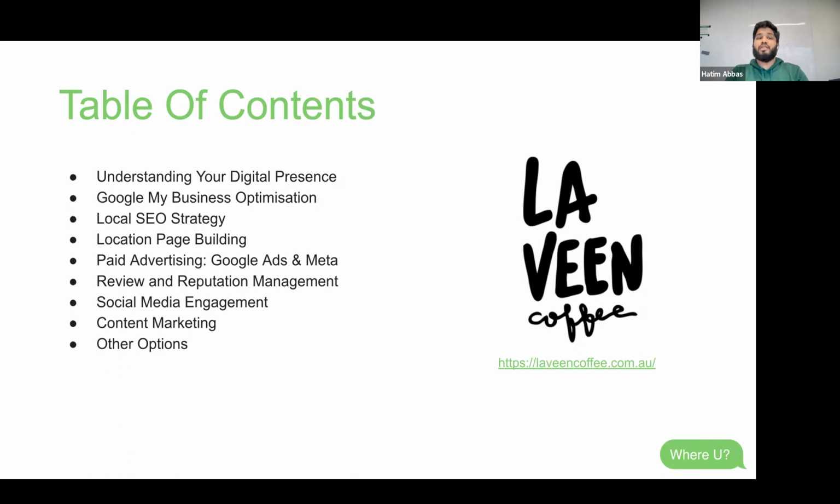This once again falls into the Google My Business profile, but because it is so important, it deserves its own slide as well. Social media engagement, so how you are engaging with your audience on TikTok, Meta, Facebook, Instagram, and any other profile that you're on, even Pinterest. Content marketing and some other options that we'll share towards the end as well.